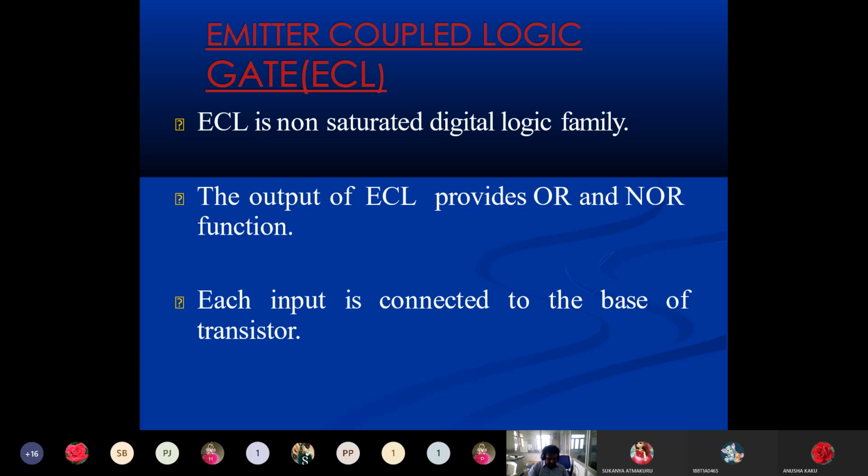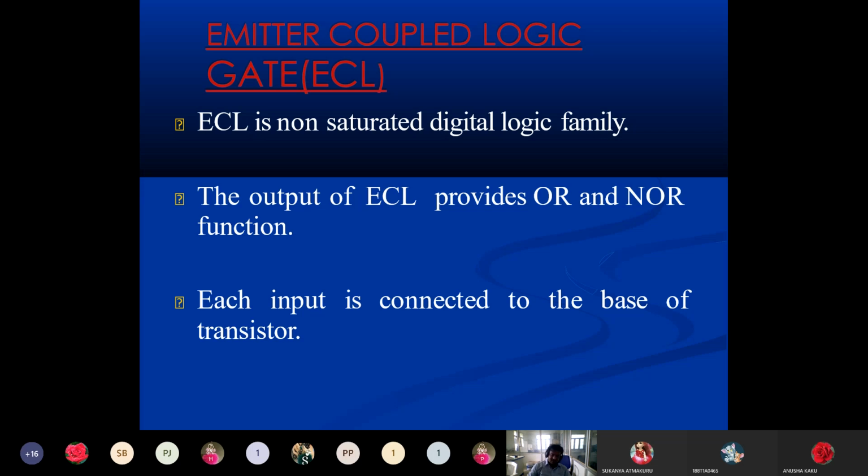By using this ECL, we can drive TTL, and we can drive CMOS circuits, and also interface the circuit from one device to another device.